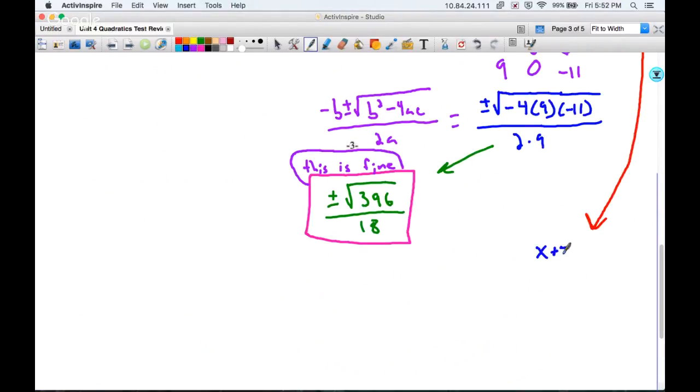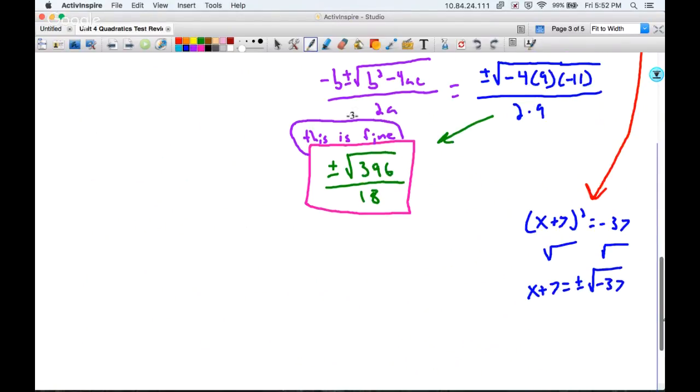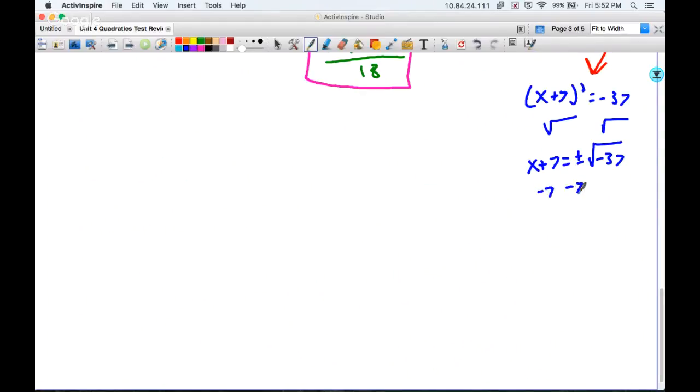We had x plus 7 squared equals negative 37. We took a square root. X plus 7 equals plus or minus the square root of negative 37. We subtracted 7, we got x equals negative 7 plus or minus the square root of 37i. And that i is outside the square root. The square root ends here, and then there's the i after it. That i represents the square root of negative 1, which jumped out of our answer. So that is the final answer there.